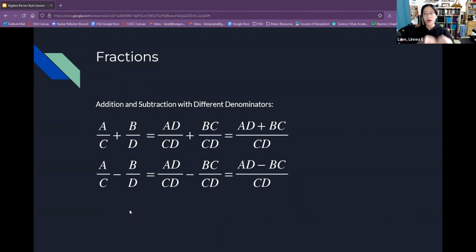So you want to somehow create similar denominators. We multiply the other fraction by the denominator, and then you'll come up with the same denominator, and then you can just combine. Once again, really straightforward, but something people can forget.